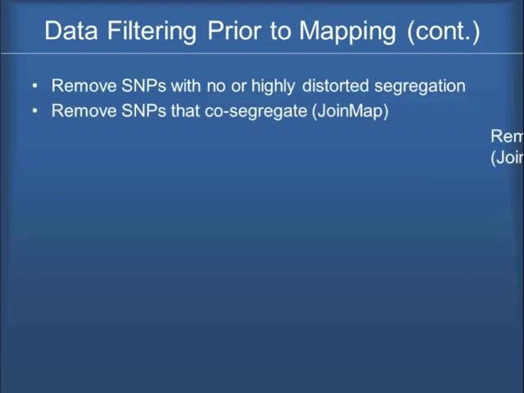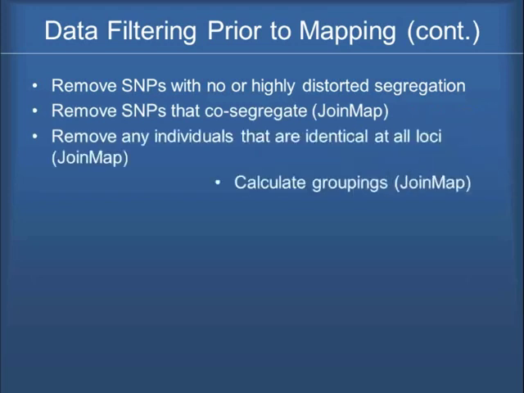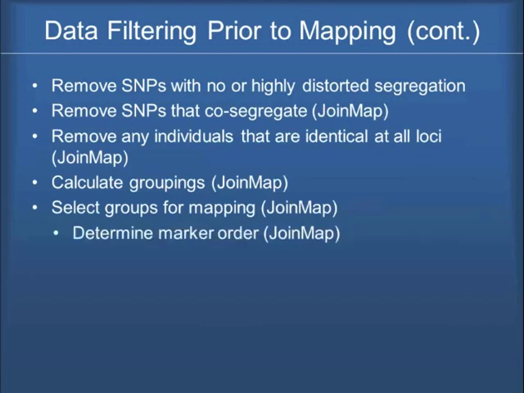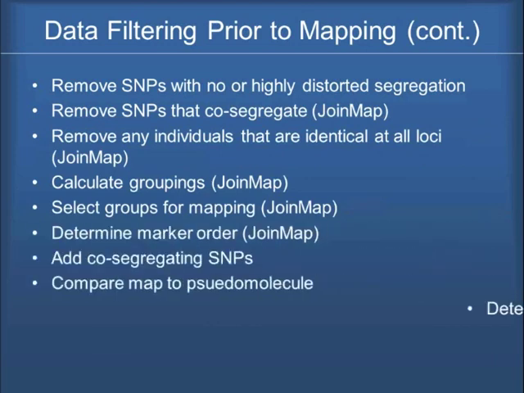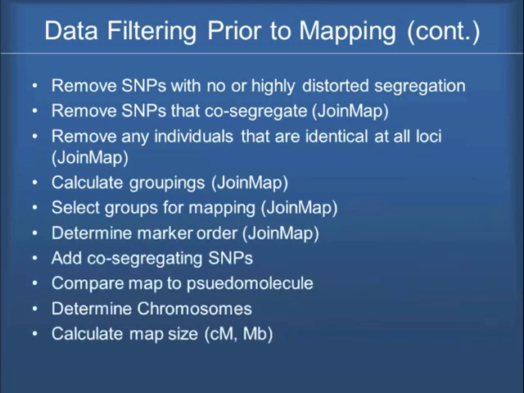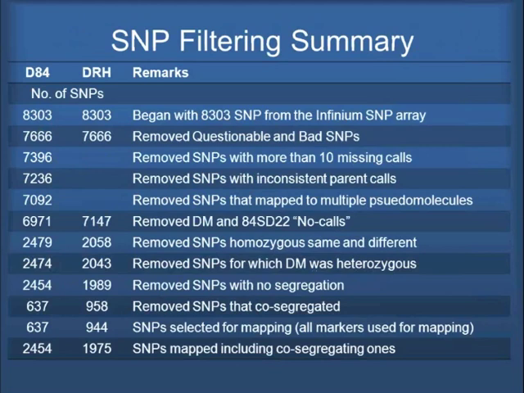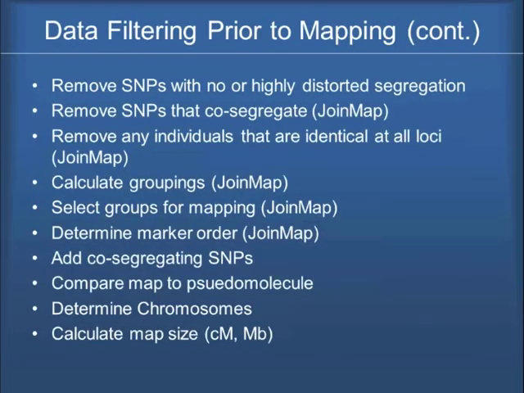Now, some of the ones I've got listed here are ones that we're going to walk through in JoinMap. We're going to remove the co-segregating SNPs, and also remove any individuals that are identical at all loci.